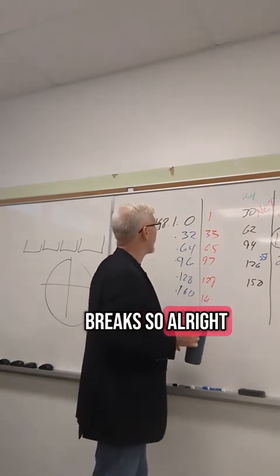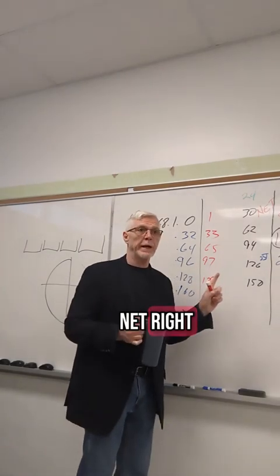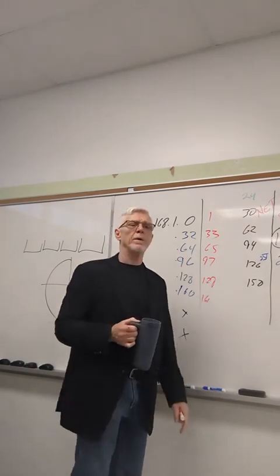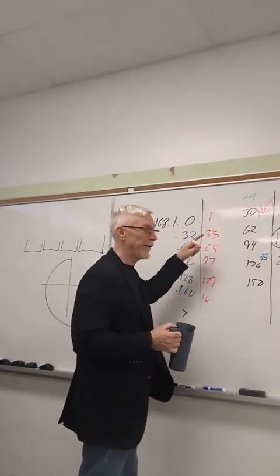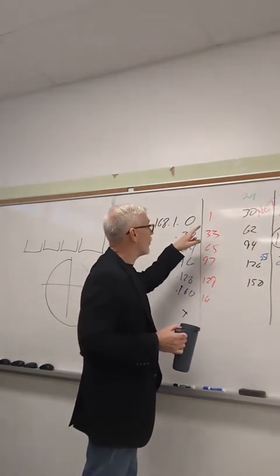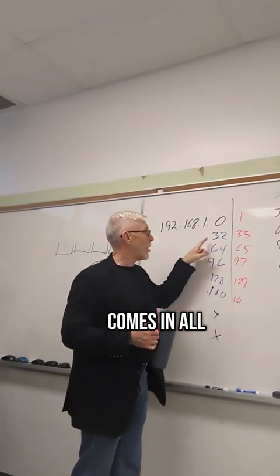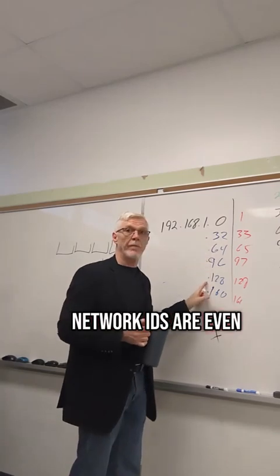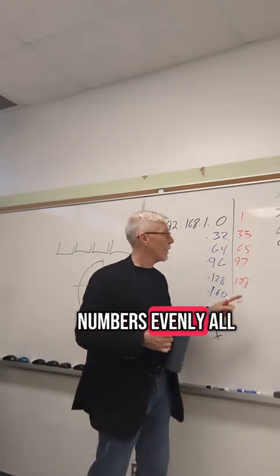So, all right, interesting thing to note every time you subnet, right? All of the network IDs, this is where the trigonometry thinking comes in, all network IDs are even. Right? Because you're cutting up even numbers, evenly.